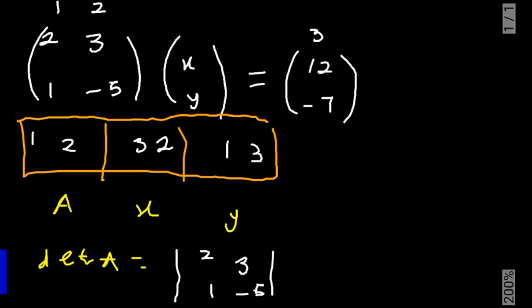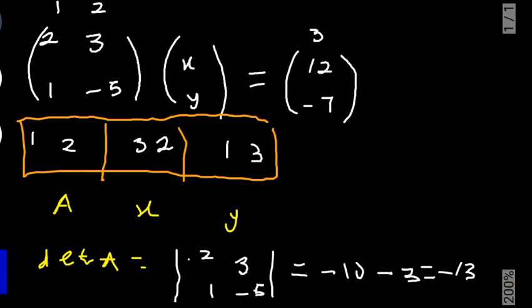The determinant of this is 2 multiplied by -5, that is -10, subtracted from 3 multiplied by 1, that is 3. Hope you are familiar with that. It's just multiplying diagonally. 2 multiplied by -5 subtracted from 3 multiplied by 1. So -10 - 3 gives us -13. So our determinant A is equal to -13.